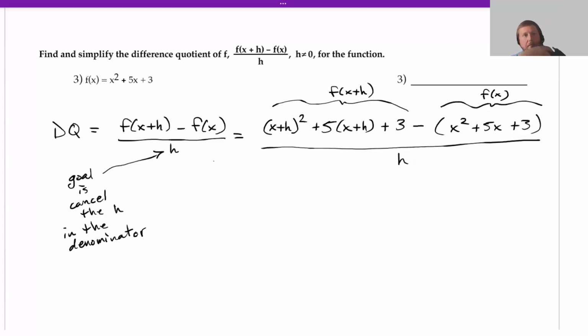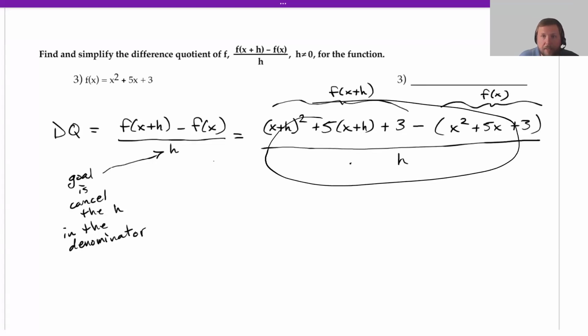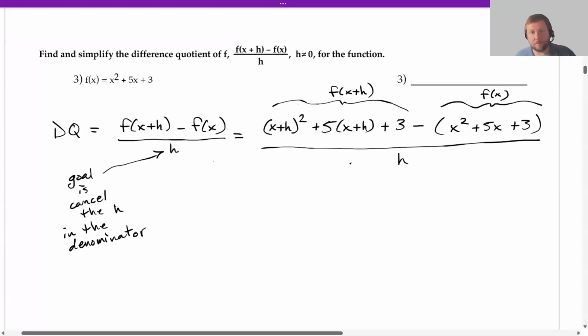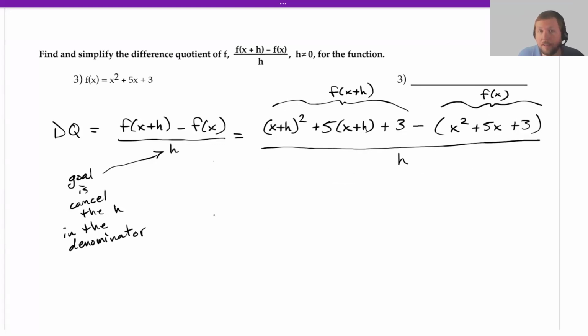So when it says find and simplify the difference quotient, this whole thing that I wrote down here, I found it. I found the difference quotient. It's not simplified yet, though. That's the hard part. So if you can set up the difference quotient, that is half of the points right there. Okay, you found it, but then simplifying it, that's the rest of the points.